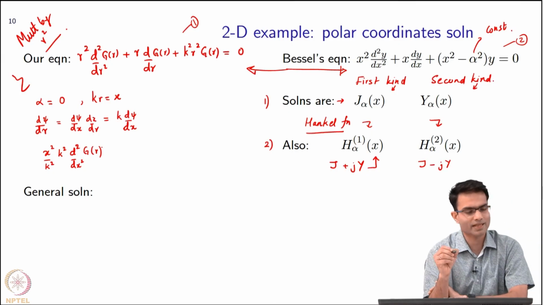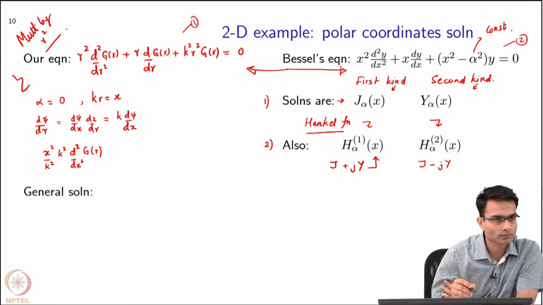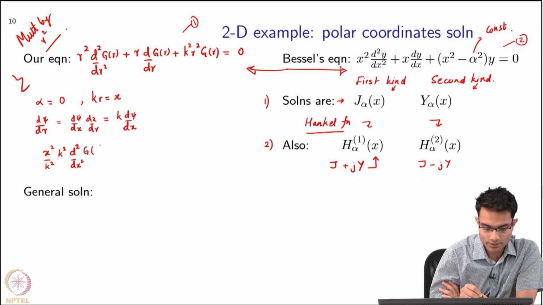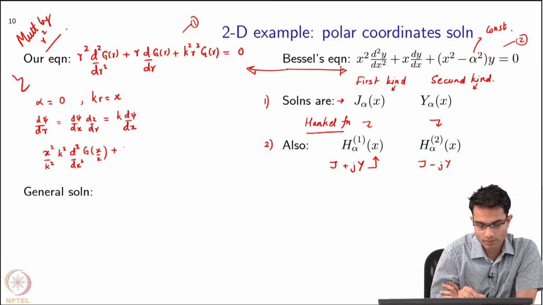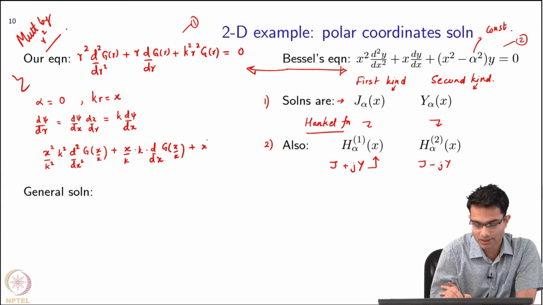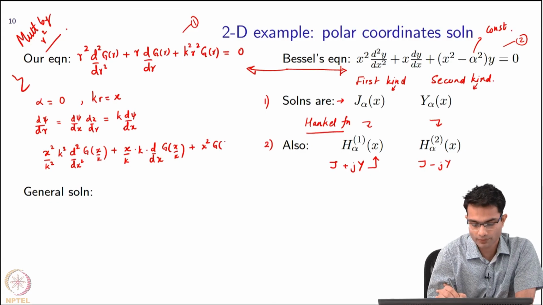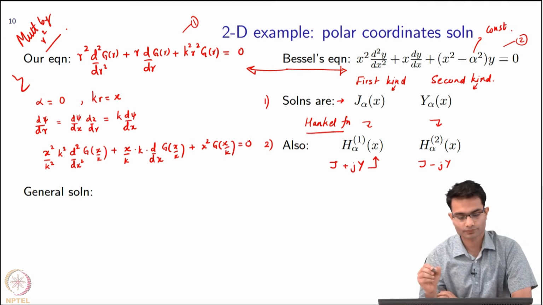I can write it as x by k, so same thing. Okay. Next term becomes x by k multiplied by k multiplied by d by dx g of x by k, okay, plus x squared g of x by k is equal to 0.